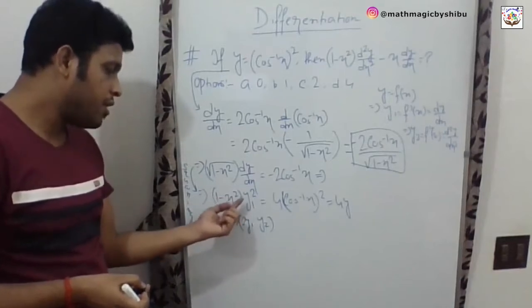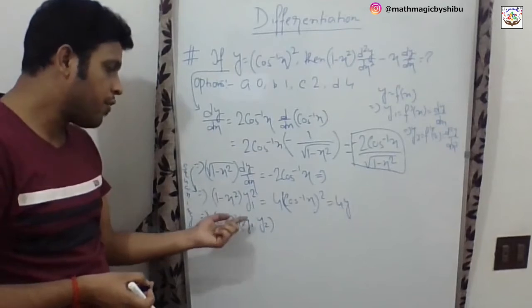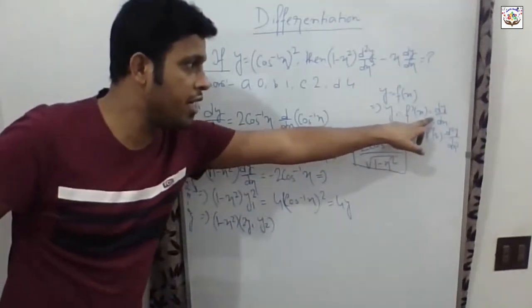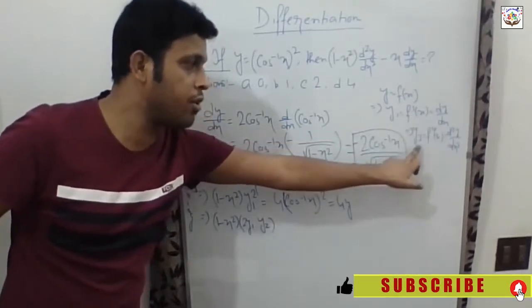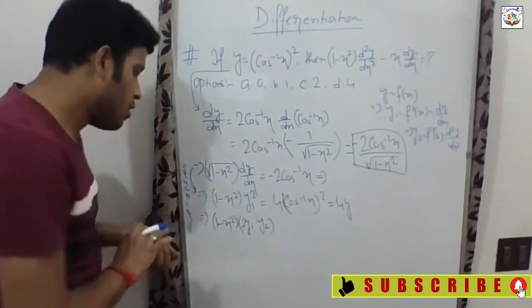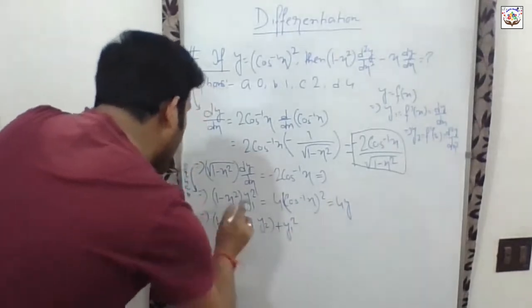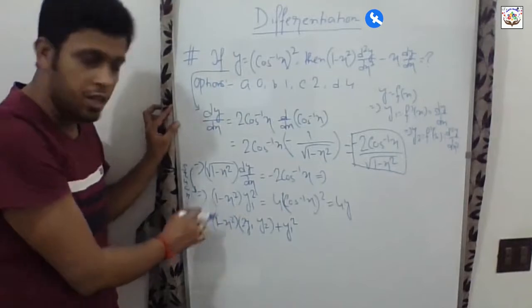So when we are differentiating y1 square, it will be 2y1, and again we need to differentiate y1 with respect to x. If we differentiate dy dx, which is y1, with respect to x, it will be d2y by dx square, which is y2. That's why we have written y2 over here, right? And we'll take y1 square as constant, and the differentiation of 1 minus x square would be minus 2x, as 1 is a constant term.